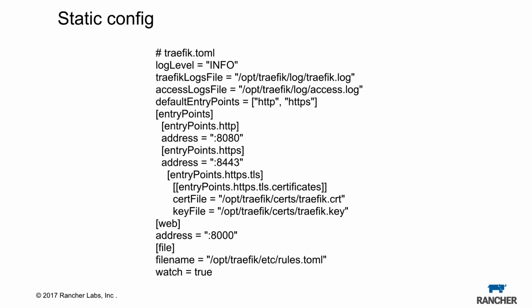The entry points define where Traefik is listening and responding to the requests to your services. In this case, the default is port 8080 for HTTP or port 8443 in HTTPS. And the web section shows where the admin console would be listening.